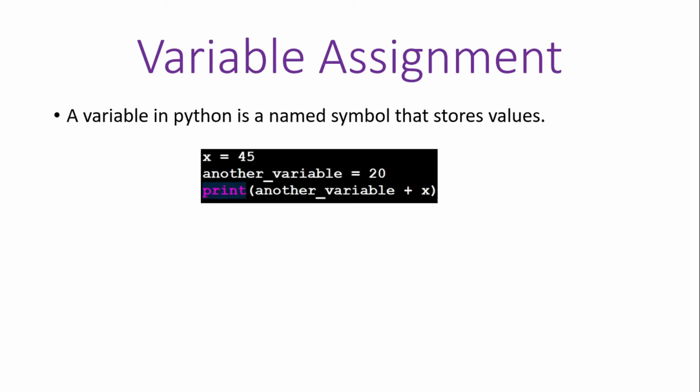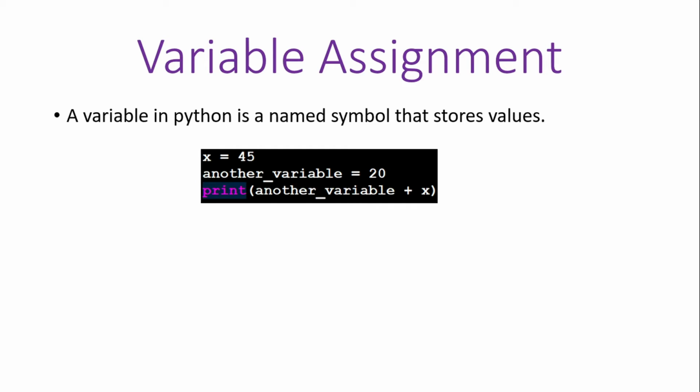I mean 45 is assigned to X. So if you print X, you will be getting 45 in Python. And similarly, another_variable is another variable and it is printed with another_variable plus X, which means it's going to give you 65. You will not be using things like these in Python, but it's almost similar.